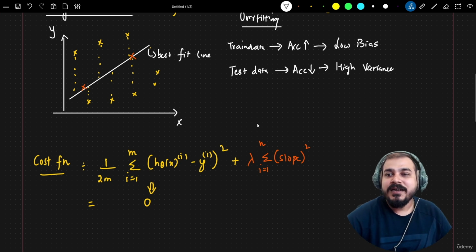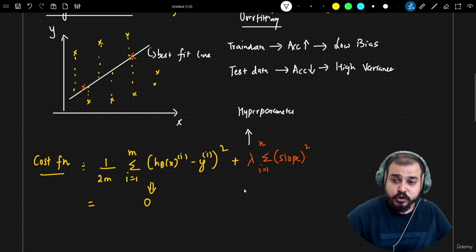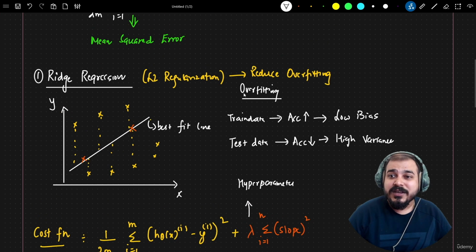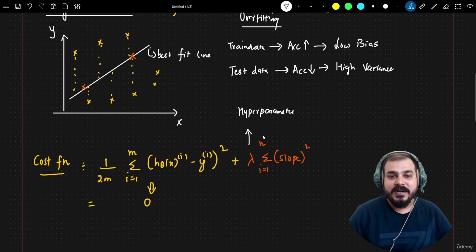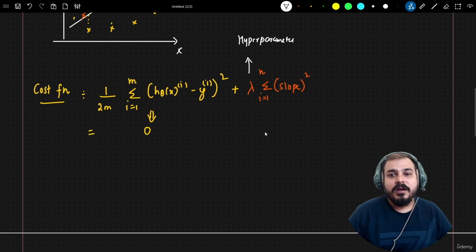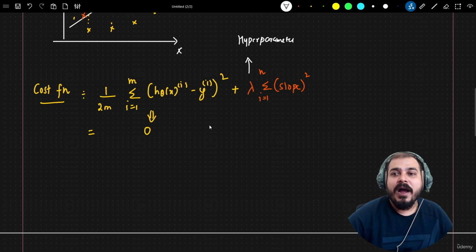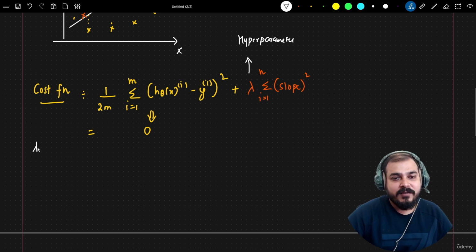This lambda that you see is a kind of hyperparameter. I'll try to show you the relationship between lambda and slope and how this is reducing the overfitting. Now, see over here, if I am trying to add lambda and slope square, let's say lambda value is 1.